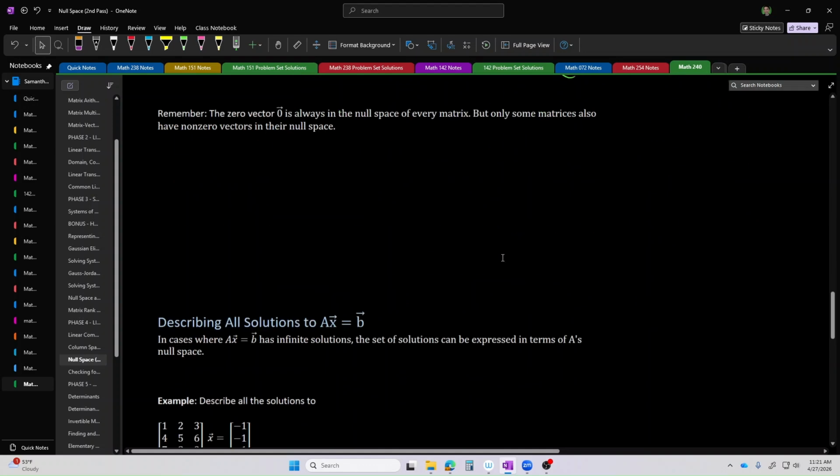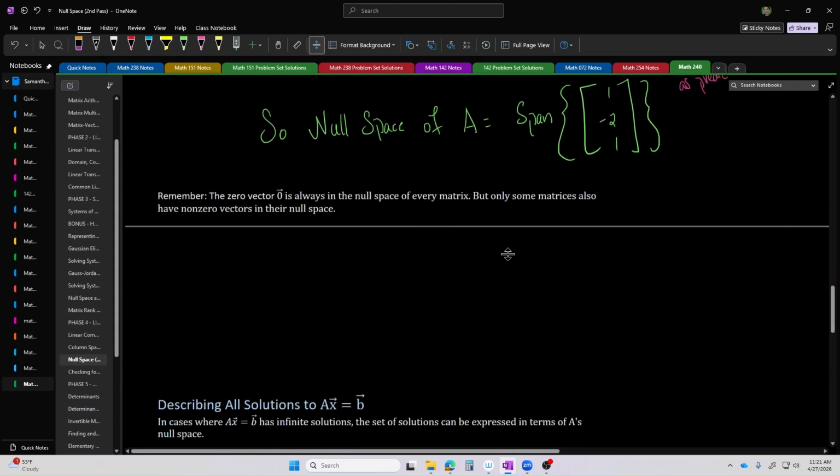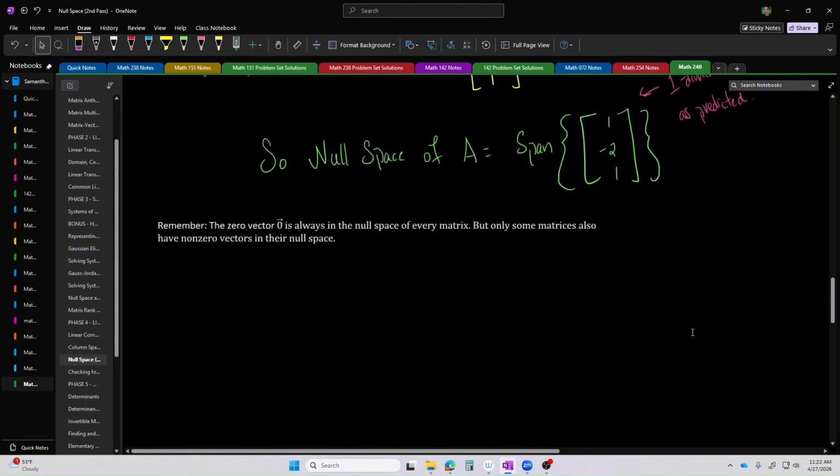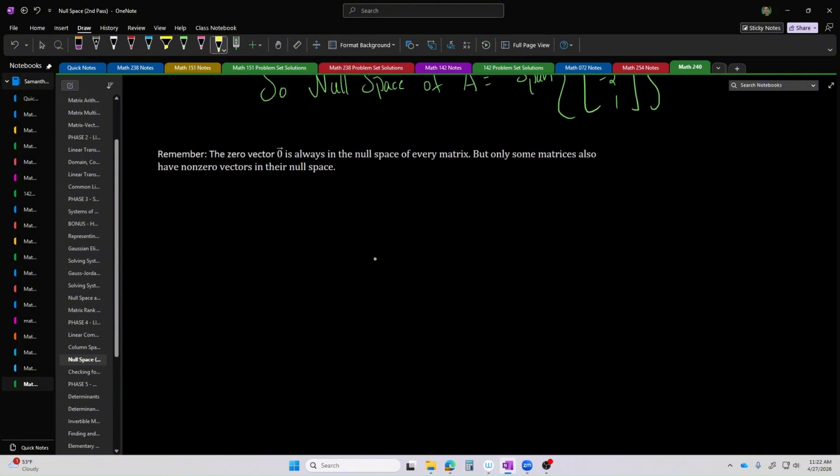These kinds of results, predicting the dimension of the null space and relating that to the dimension of the column space, are sometimes referred to as the Rank-Nullity Theorem.